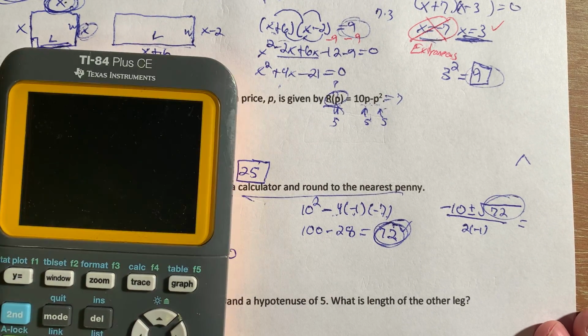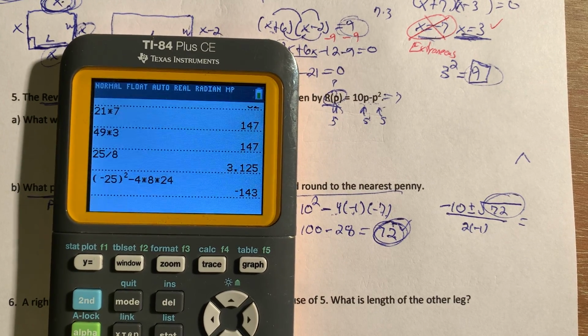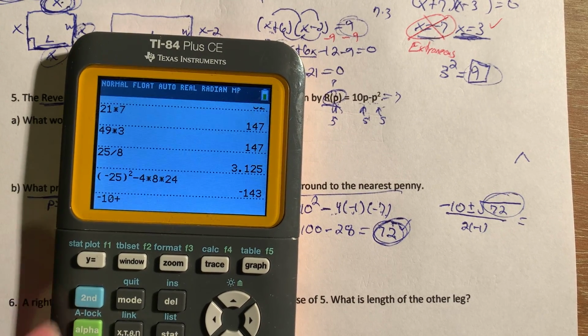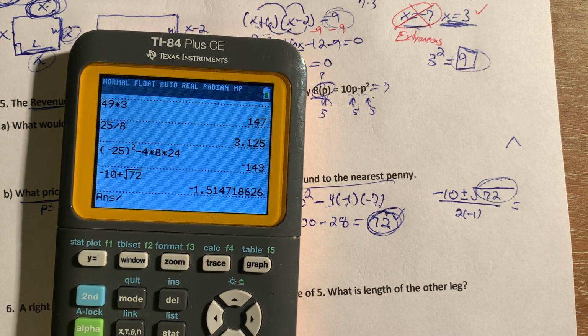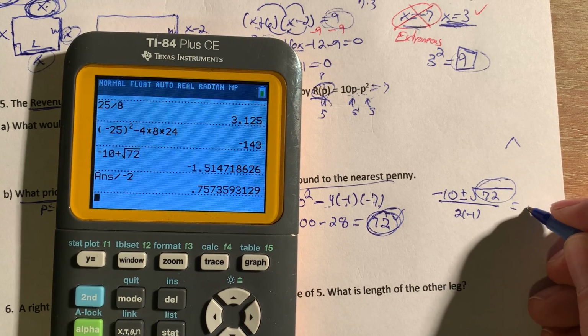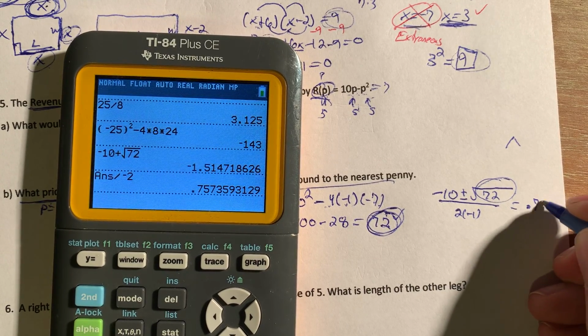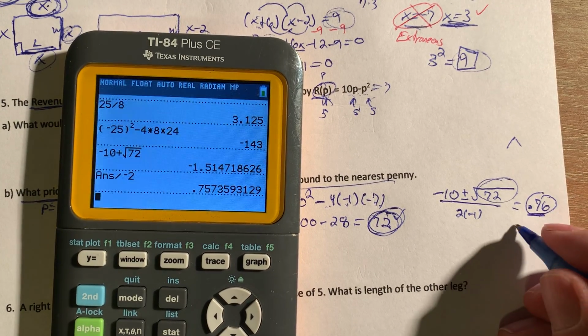So what are the 2 values that we get? Well, one of them is negative 10 plus the square root of 72 divided by 2 times negative 1, which is negative 2. So one is 0.76. It said round to the nearest penny. So 0.76 is one answer.